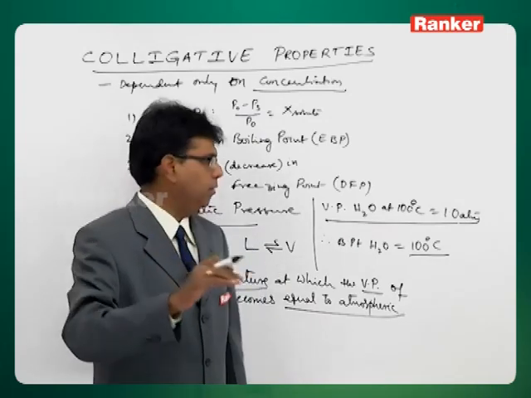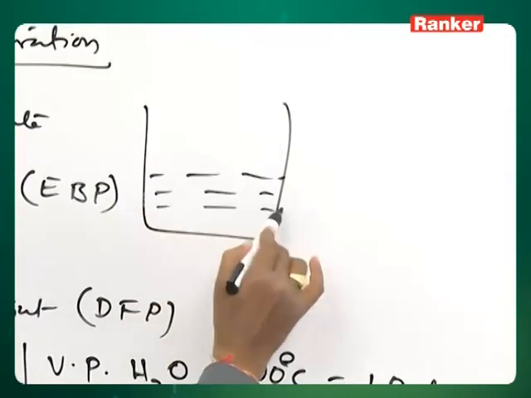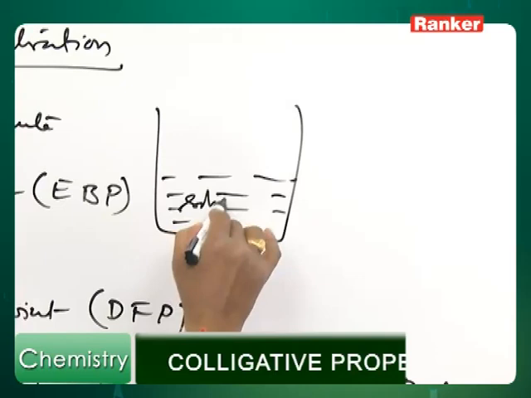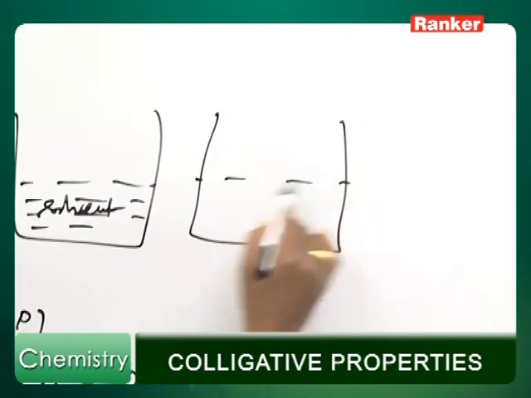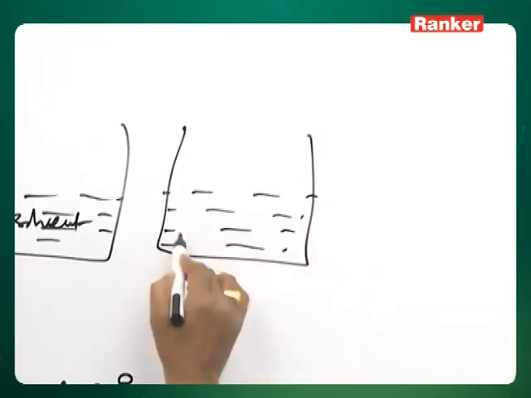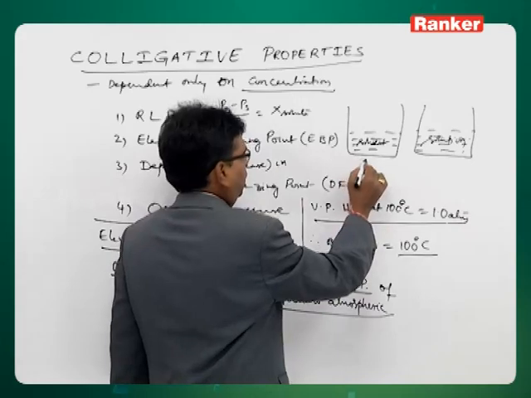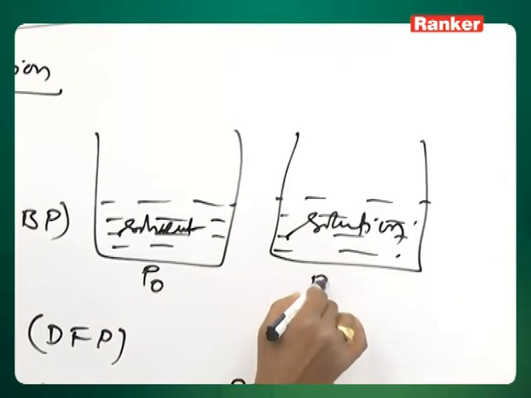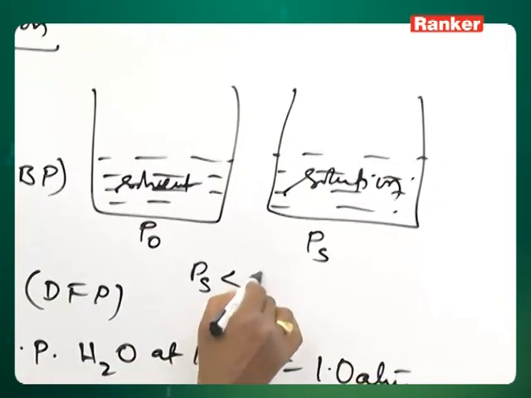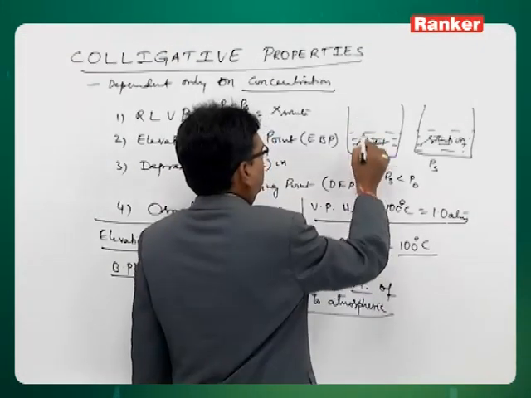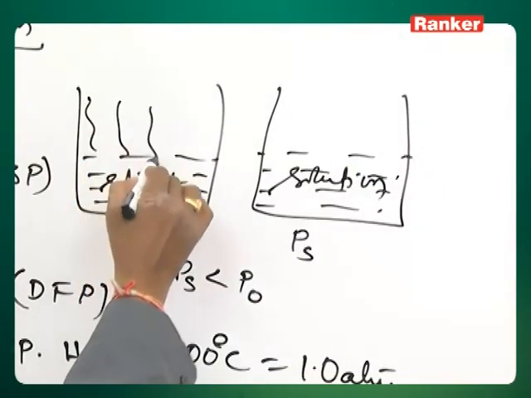Now compare a pure solvent and a solution. The solvent vapor pressure is P naught, the solution vapor pressure is Ps, and we already said that Ps is less than P naught.